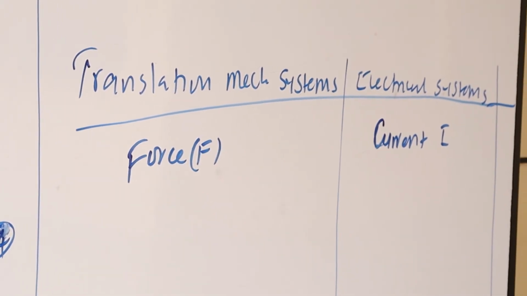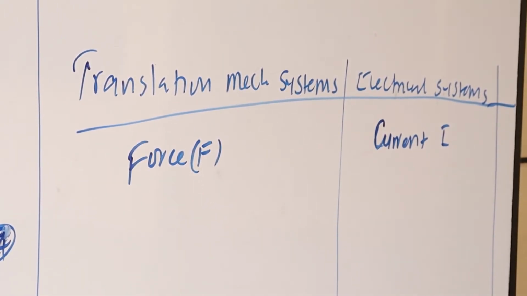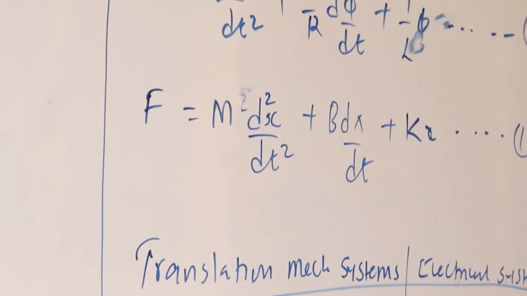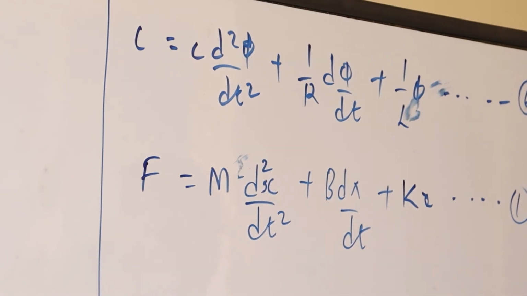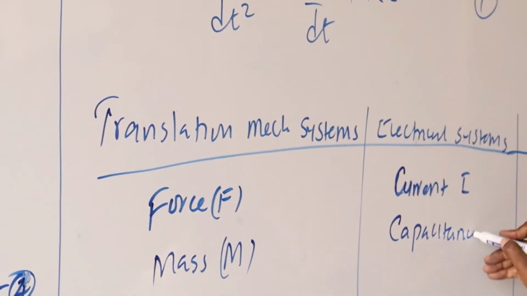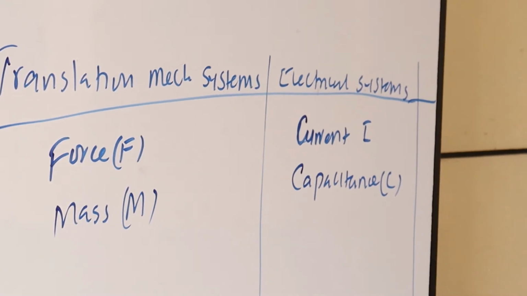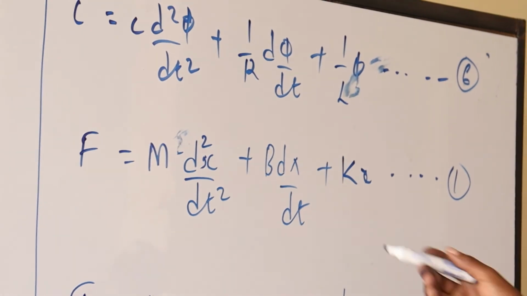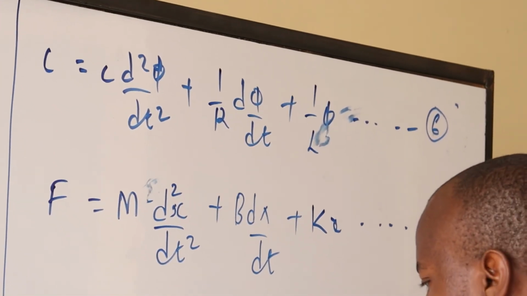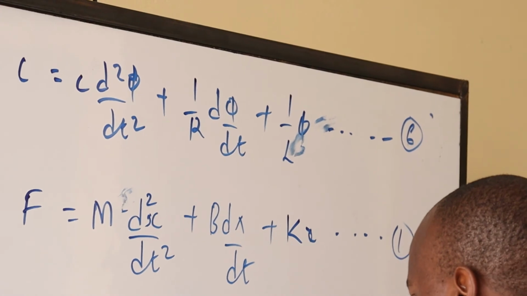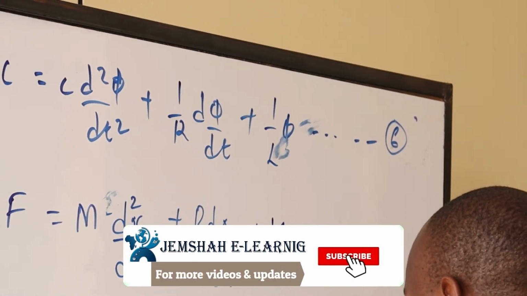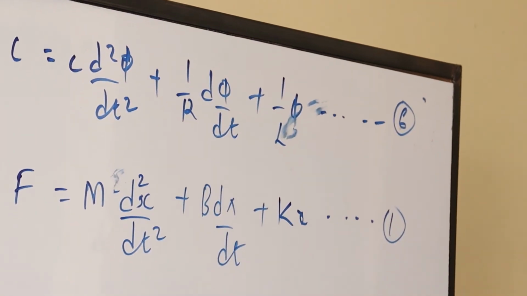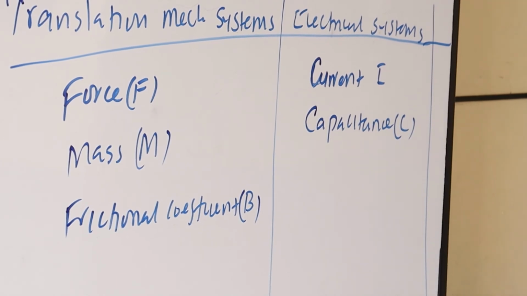When we go to the mass M, which is the second-order term, if you compare the two, then the mass M is equivalent to the capacitance C. The frictional coefficient B is equivalent to 1 over R, which is actually the reciprocal of resistance.